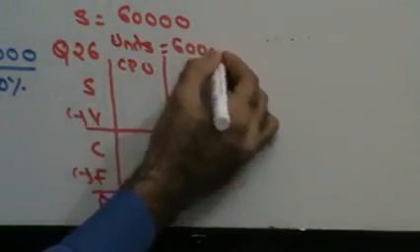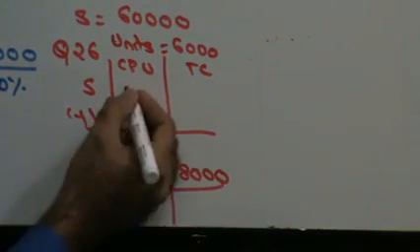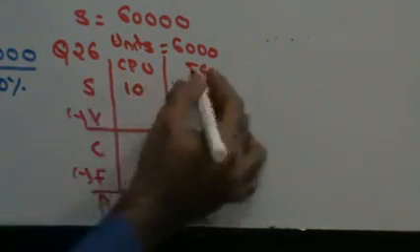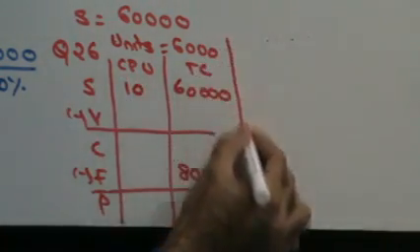Selling price per unit is 10. Now let's see this. Selling price per unit is given to you as 10, so I can say total sales is going to be 60,000.